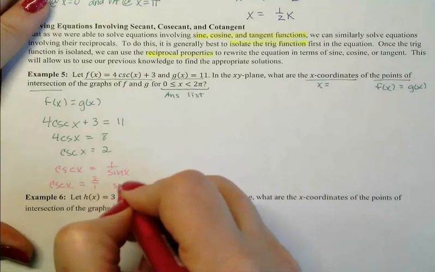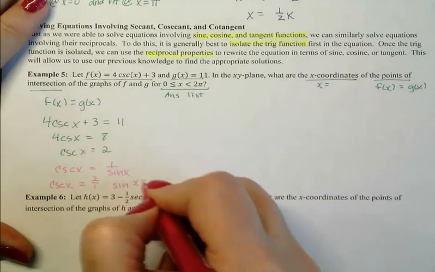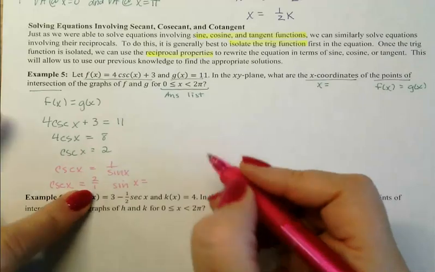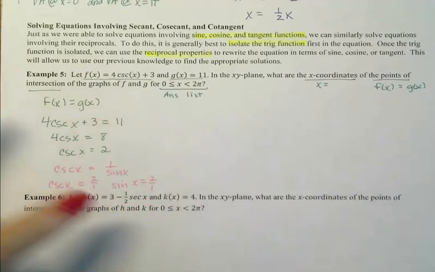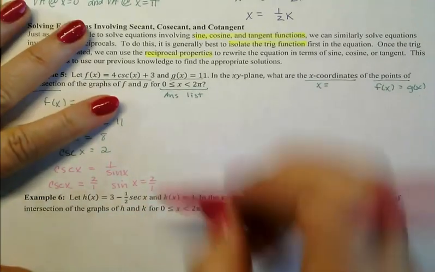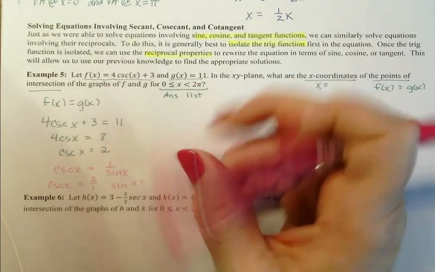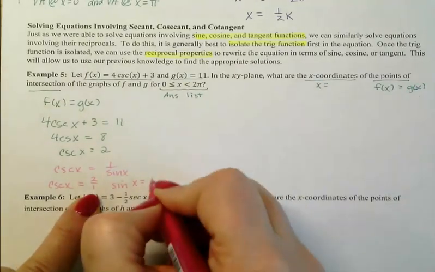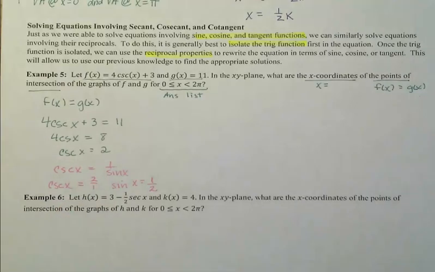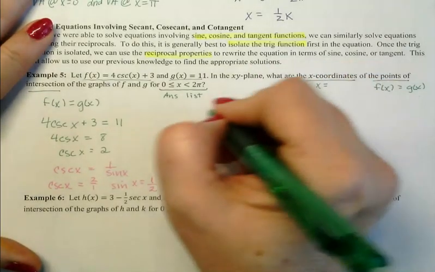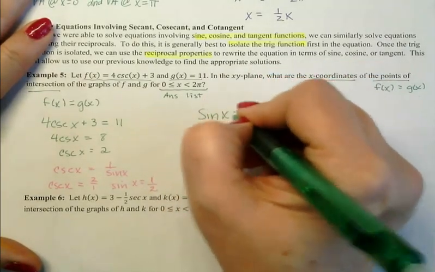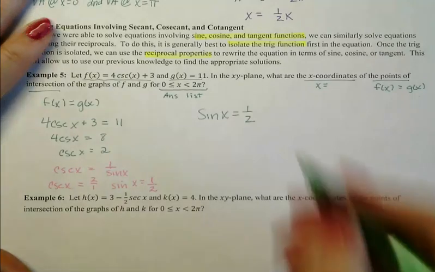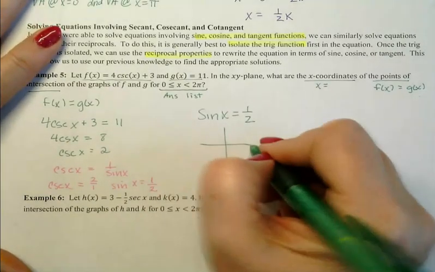Then we can say sine of x is, and we can turn this upside down, so it's 1 over 2. So we can use that idea of reciprocal to move us into the problem. So here's what I'm trying to solve. Sine of x equals 1/2. So I should be able to do this without much difficulty.